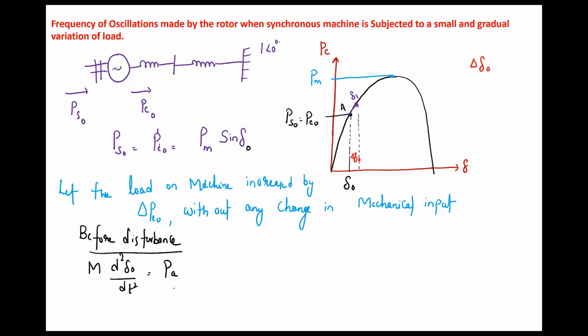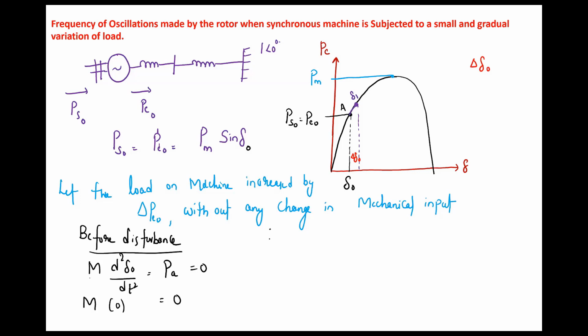What is the value of PA? PA is 0 because mechanical input is equal to electrical output, so the accelerating power is 0, M is constant, and delta naught is a constant. So if you differentiate delta naught, you get 0. So M into d square delta naught by dt square equals PA equals 0. That is before disturbance.